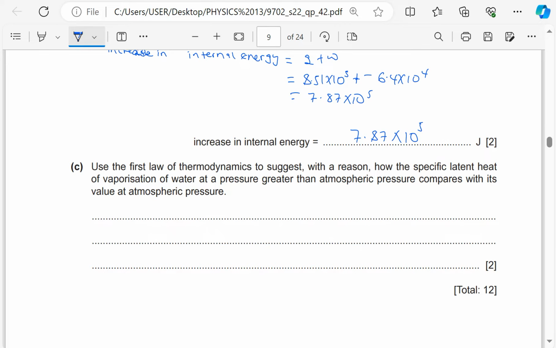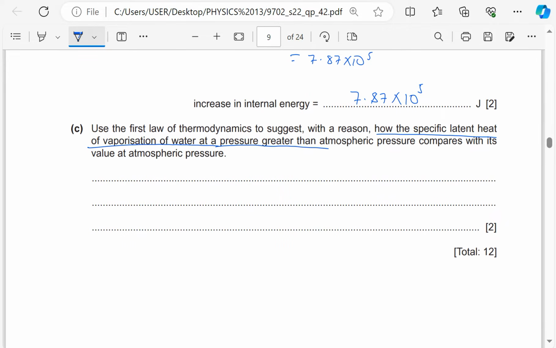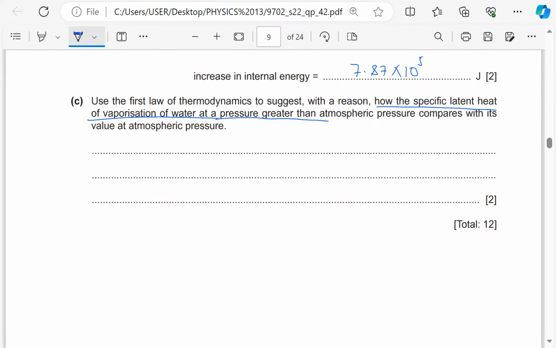Use the first law of thermodynamics to suggest with a reason how the specific latent heat of vaporization of water at a pressure greater than atmospheric pressure compares with its value at atmospheric pressure. First of all, the specific latent heat is going to depend on the work done, because from the first law of thermodynamics, change in internal energy is equal to Q plus W, which is ML plus negative W, because there's an expansion.